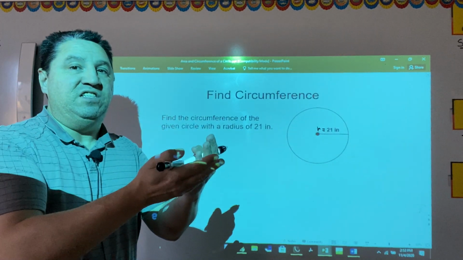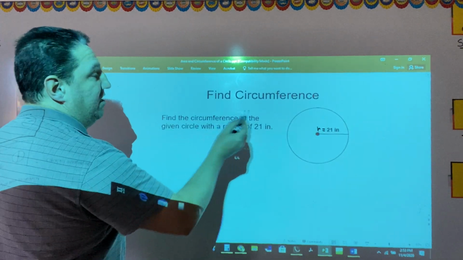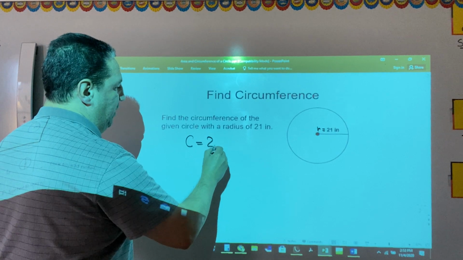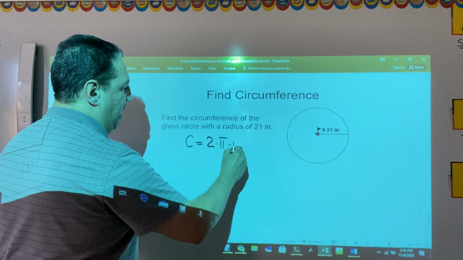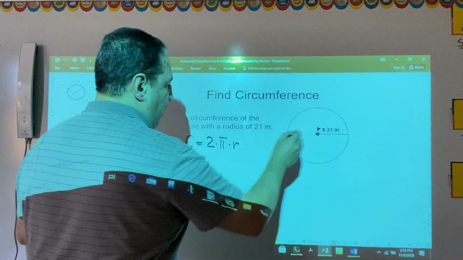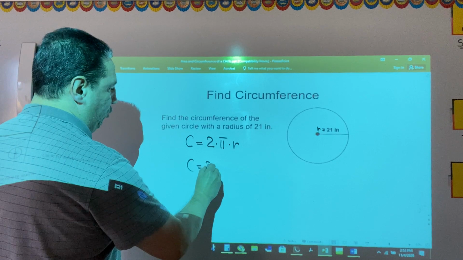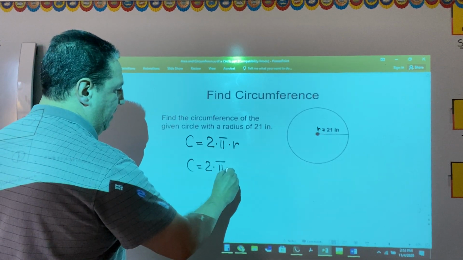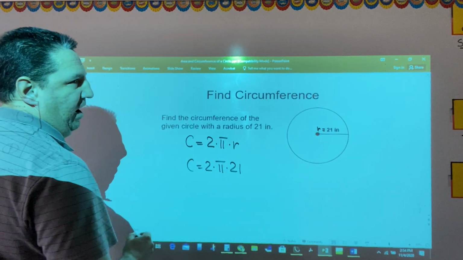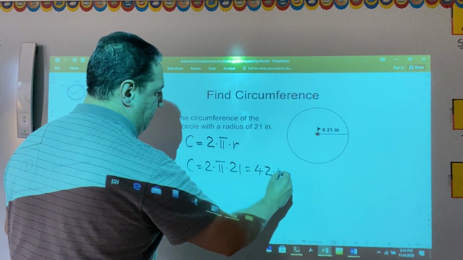Because the radius is given, we use the second formula. So C would be 2 times pi times r. We replace r with 21, and we have 2 times pi times 21. If we multiply 2 by 21, we get 42 times pi.